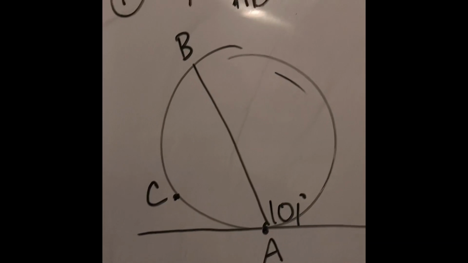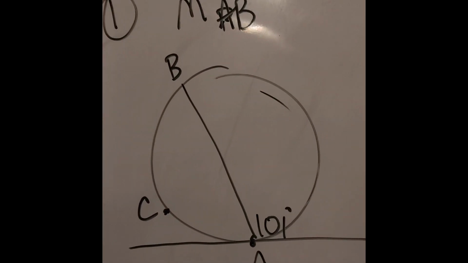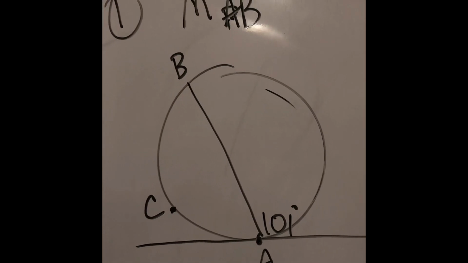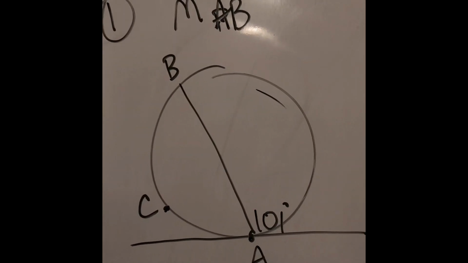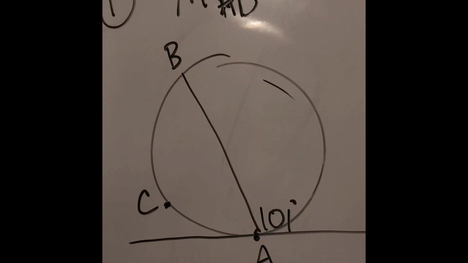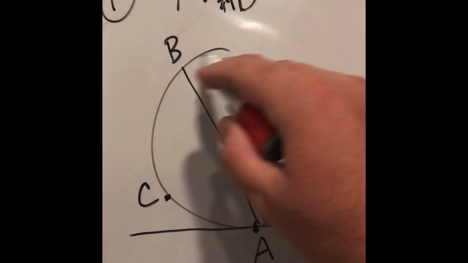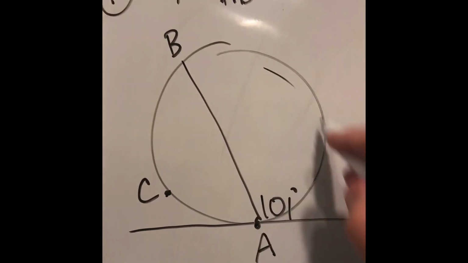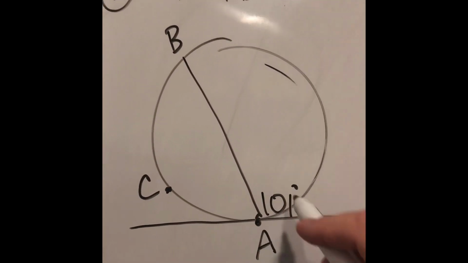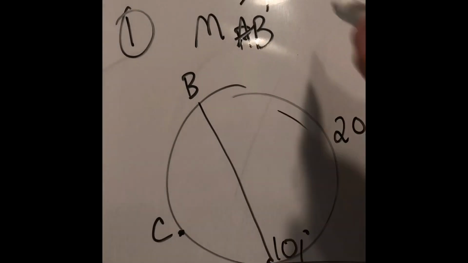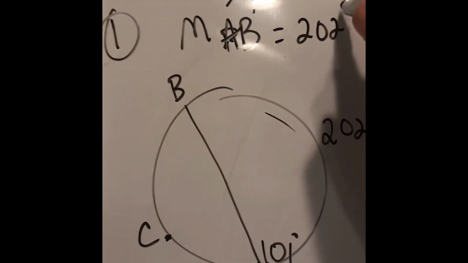If you remember when I discussed major and minor arcs, major arcs usually have 3 letters, and from this point going forward, that's what you're probably going to see. Anyway, this is 101 degrees. It's half of this arc, so you need to multiply 101 by 2. So our arc AB is going to be 202 degrees.